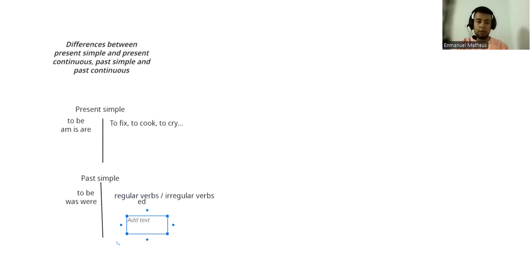But if we are talking about irregular verbs, the past simple needs three columns. For example, bring, brought, brought.